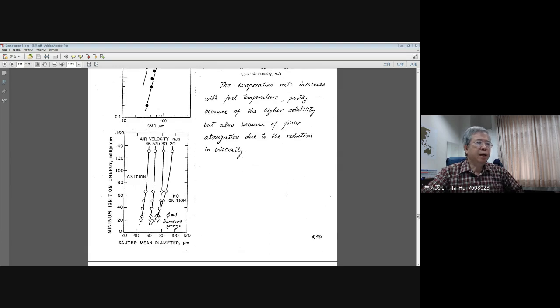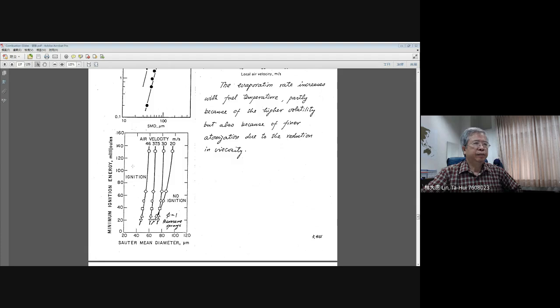And the left-hand side tells you the influence coming from the droplet size, represented by the Sauter diameter. You can see when you increase the Sauter diameter, the minimum ignition energy increases. And when you increase air velocity, all the curves shift to the left-hand side.